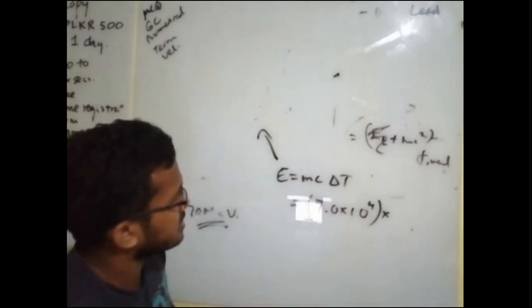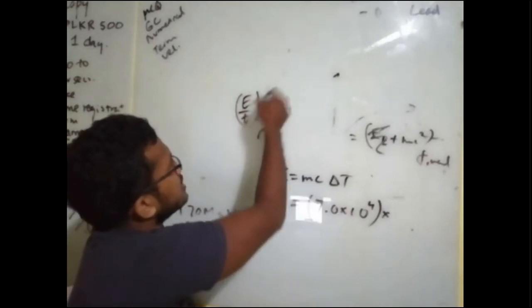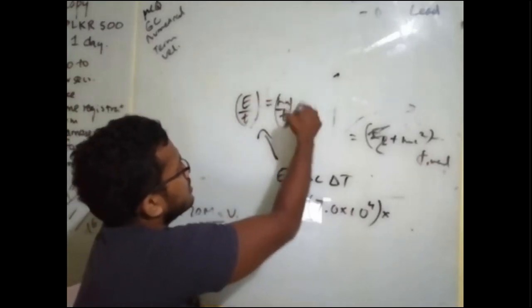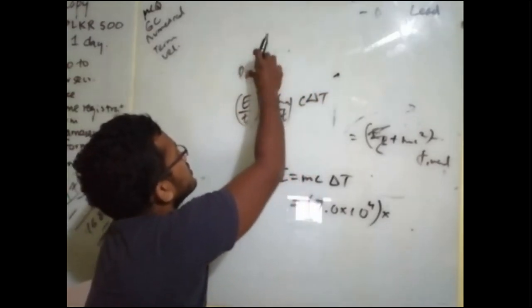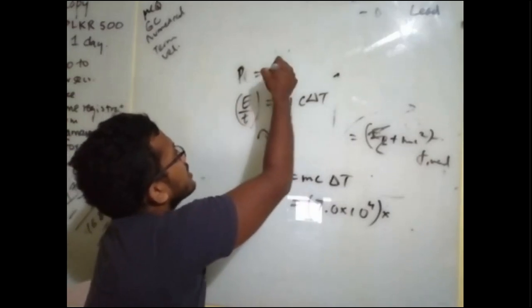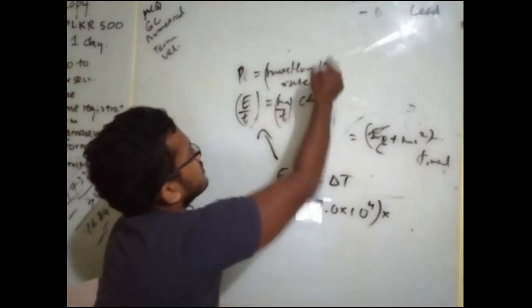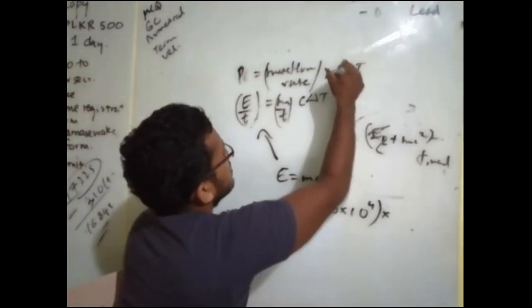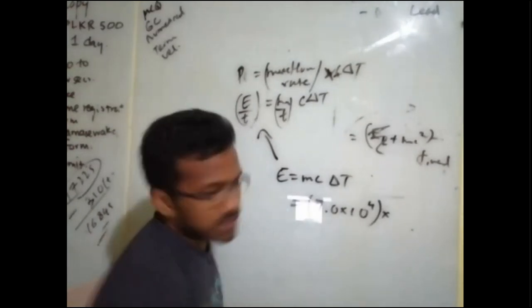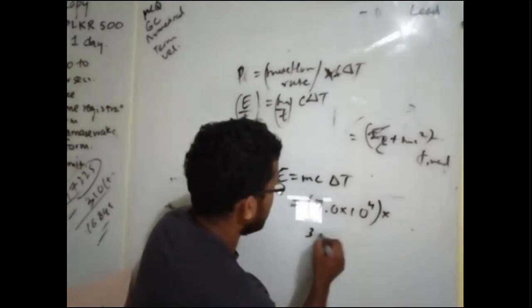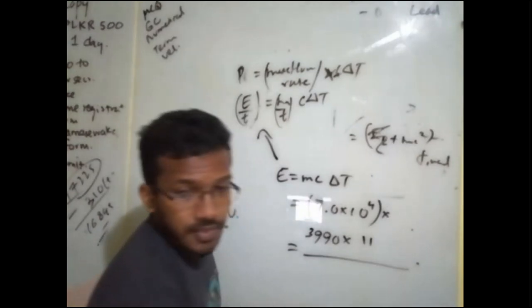Somebody who is into the math might divide both sides by t. So this is nothing but power, energy over time, equals mass flow rate times c delta T. But you can also consider 1 second, this much mass is there, and then do the calculation: 3990 times delta T is 11. So we get that answer.